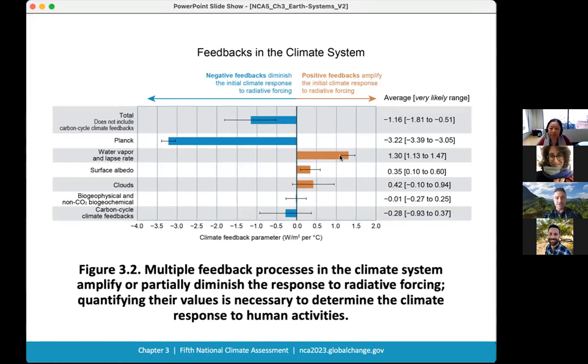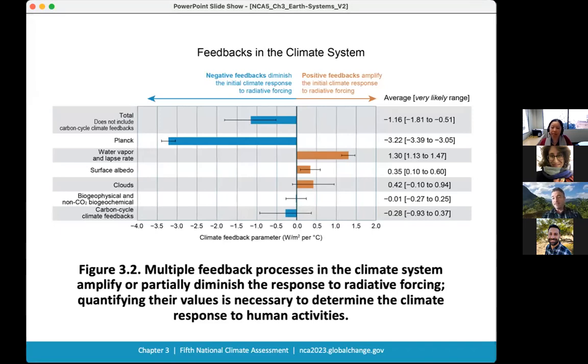And then you can see here we have listed all the primary feedbacks that really add up to the overall effect that we would see from doubling carbon dioxide in the atmosphere, and then what would be the change in the Earth's radiation or energy budget at the top of the atmosphere.